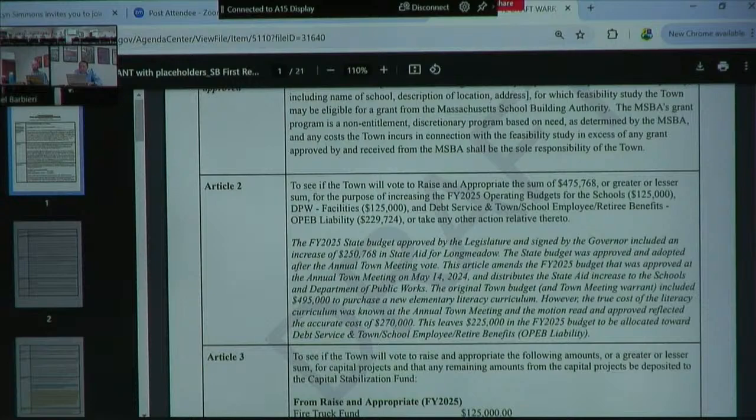At that point, we did not know the total cost, but we knew it would be about $490,000. And then the motion on the floor of town meeting was actually for $270,000, which was the funding of the literacy. So there's $225,000 in the budget that doesn't really have a home right now. And so this article addresses that as well.